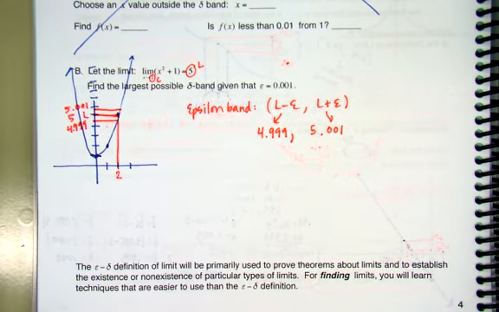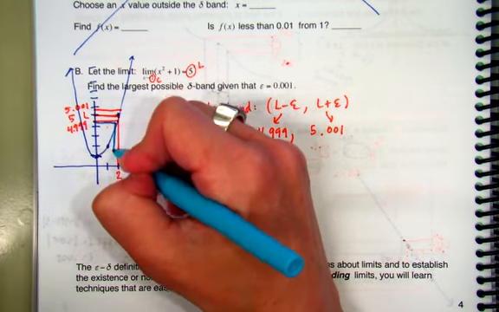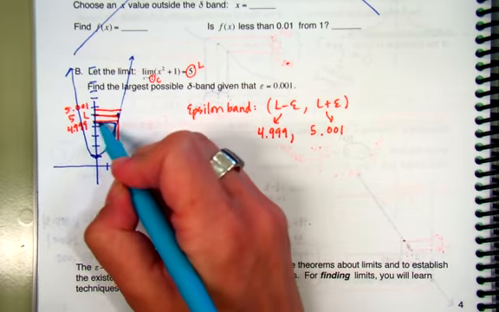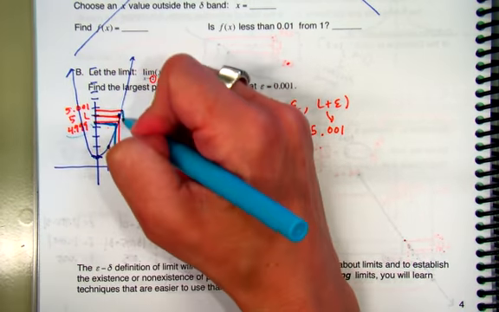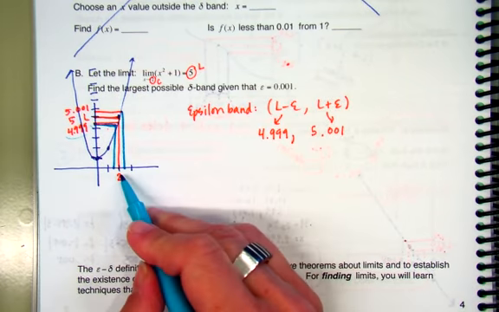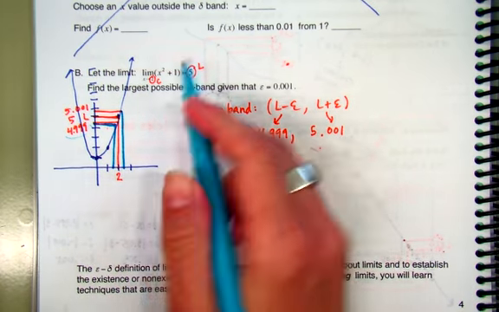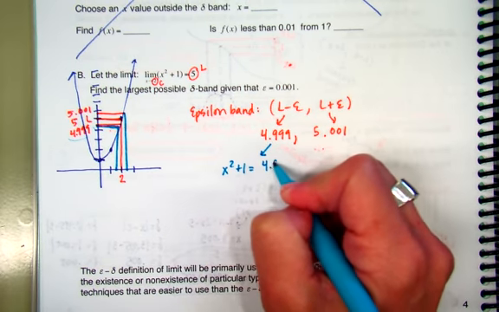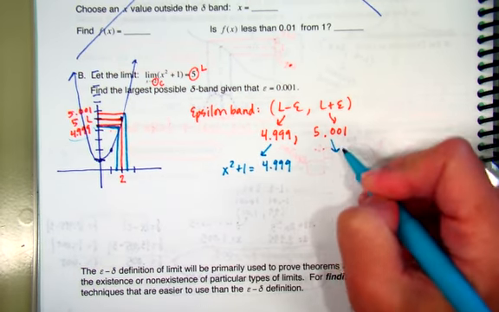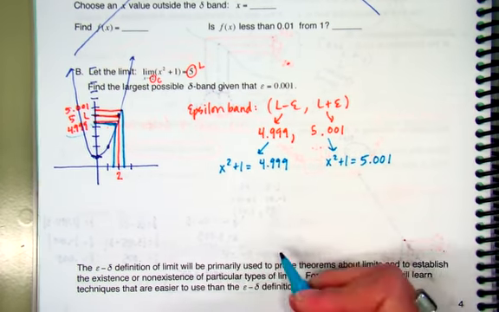And so now what do I have to find? I have to find the corresponding x value. So I want to find the x value that corresponds to a y value of 4.999, and similarly the x value over here. I want to find those two x values. So I set my function, x squared plus 1, equal to 4.999, and the same thing over here, x squared plus 1 equal to 5.001, and I solve for x.